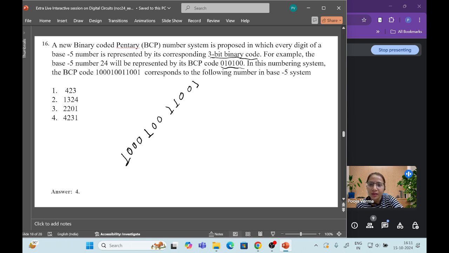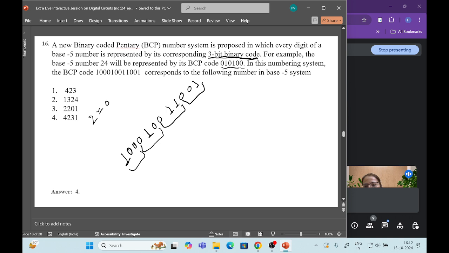Here it is given that each base 5 digit is represented by its corresponding 3-bit binary code. So let's make groups of 3 bits: 3, 3, 3 and 3. In the example, 2 is represented by 010 and 4 by 100. So here 100 represents 4, 010 represents 2, and so on.